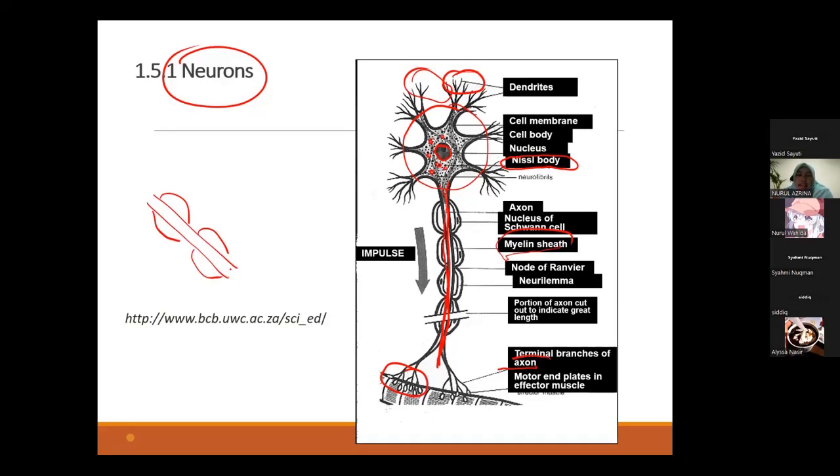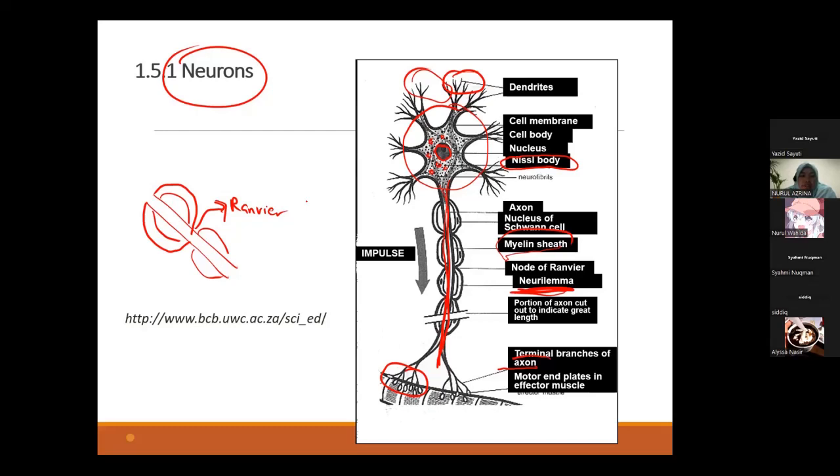So next is another layer, right? Outside the myelin sheath, there is another tough layer that we call the neurolemma. Neurolemma. Okay, and then the gaps between the myelin sheath we call the nodes of Ranvier.